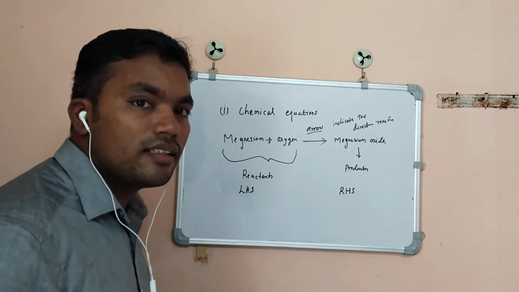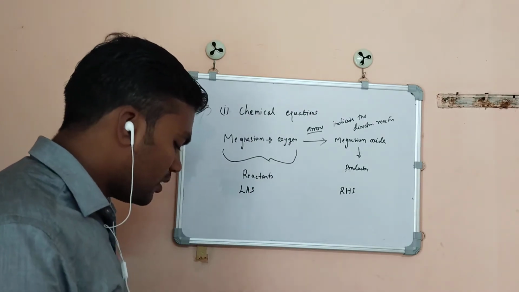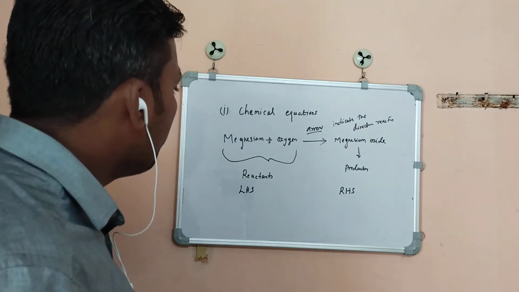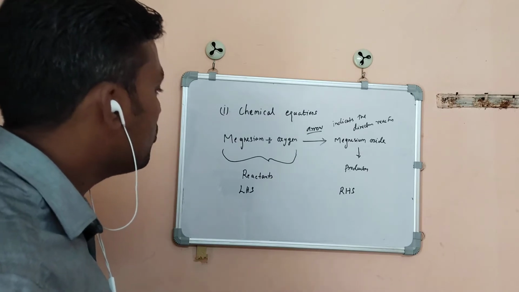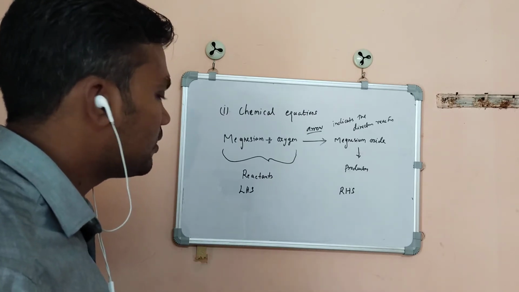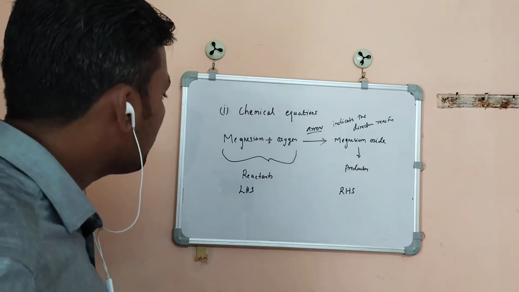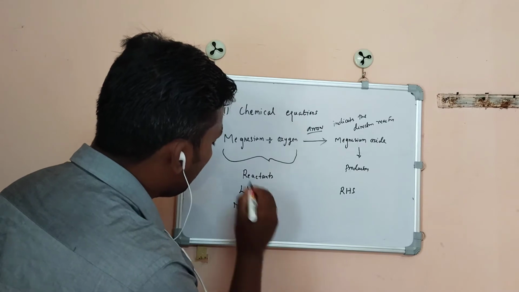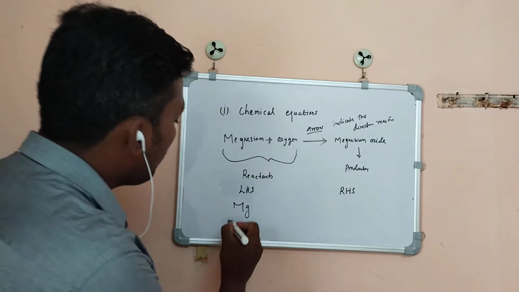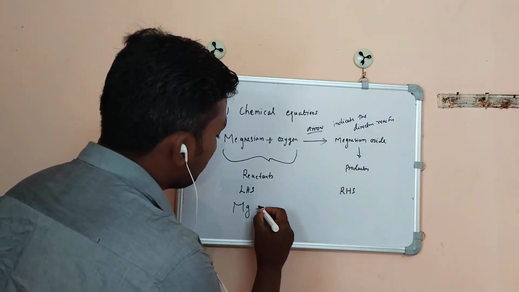Instead of using a sentence, we need to use the chemical formulas of this reaction. If you recall the formulas of magnesium, oxygen and magnesium oxide, it is easy to write the chemical equation. The formula of magnesium is Mg.